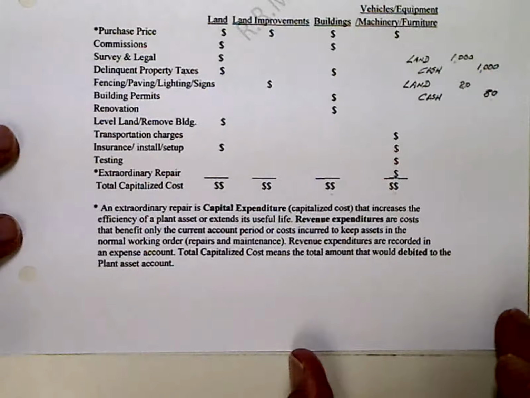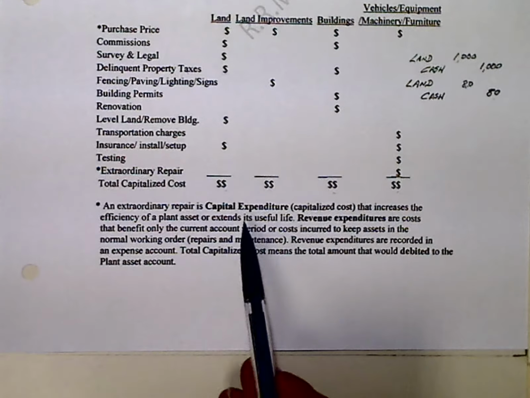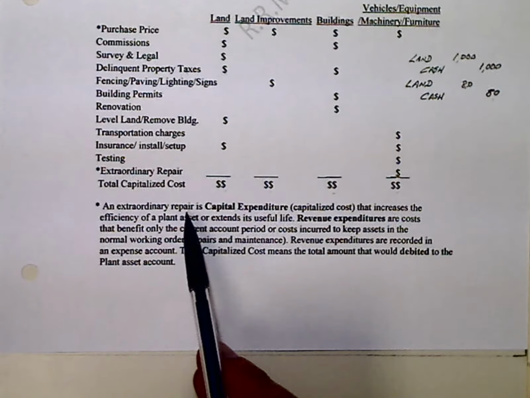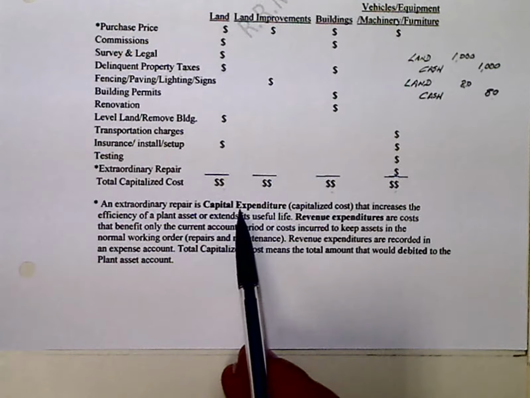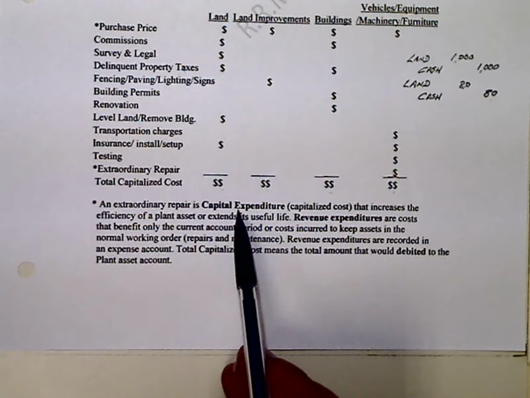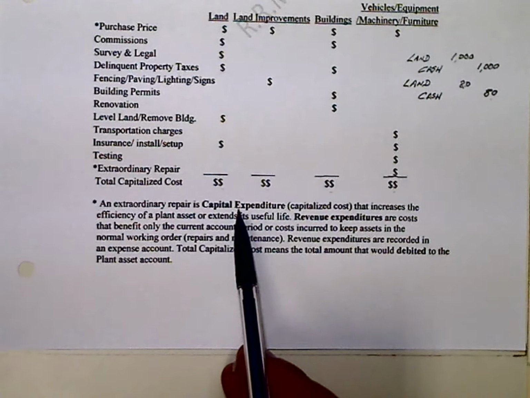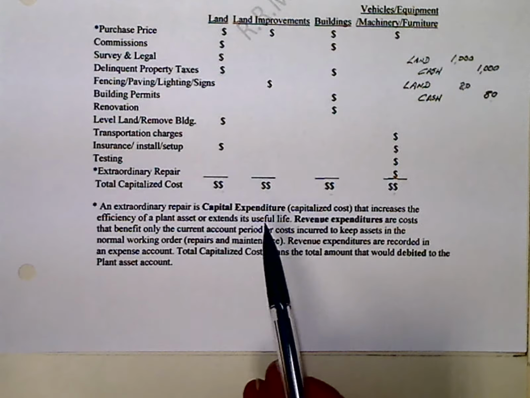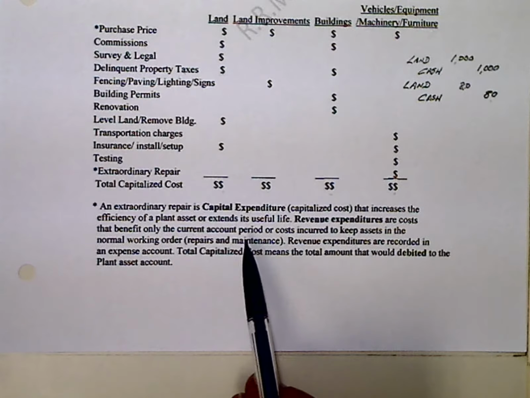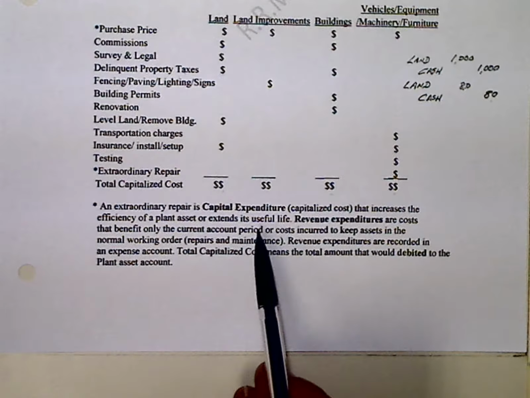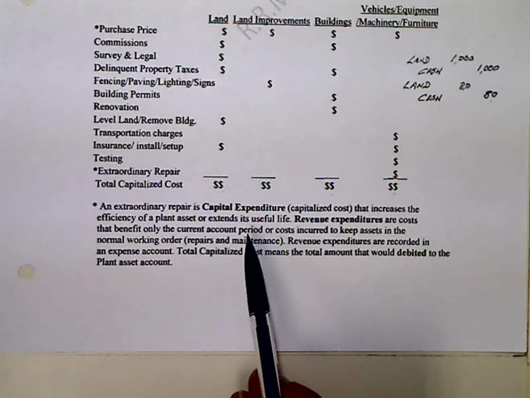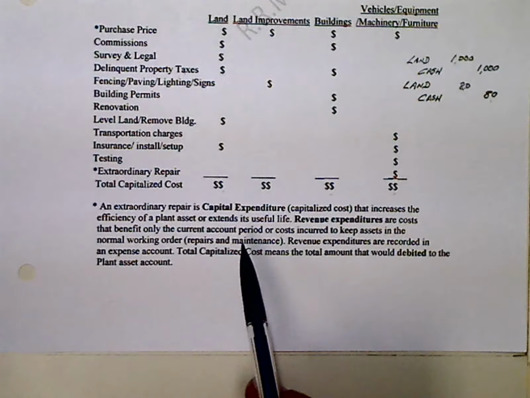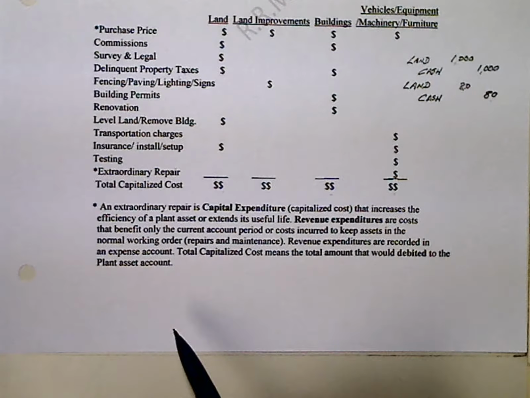There are some instances where we have an extraordinary repair. I think of an 18-wheeler. If we owned an 18-wheeler and after a million miles, we decided to do a major overhaul or add one of those sleeper cabs to the back of it or something, that would be an example of us increasing the efficiency or extending the life of that vehicle, and that would be considered an extraordinary repair.